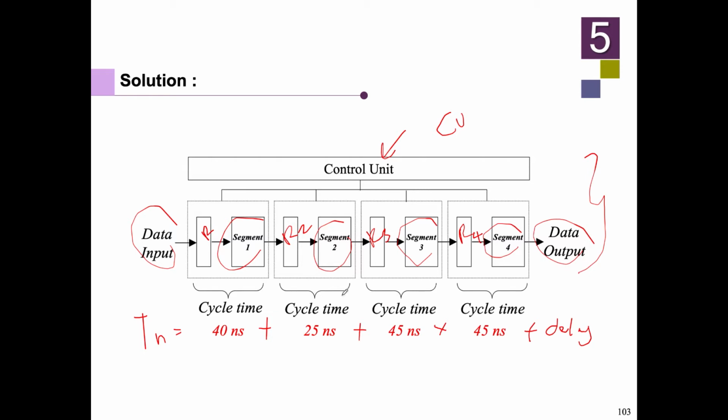So same goes to all of this. For the non-pipeline, you're going to add it all, include the delay. And for pipeline, you're going to pick the longest. So this one is the longest, which is 45 nanosecond.